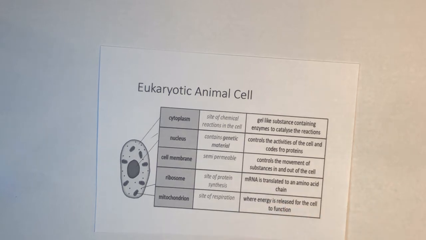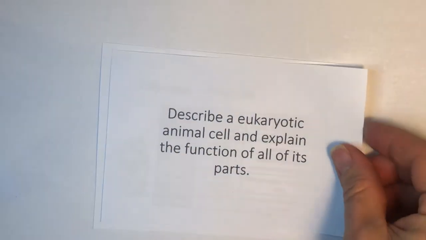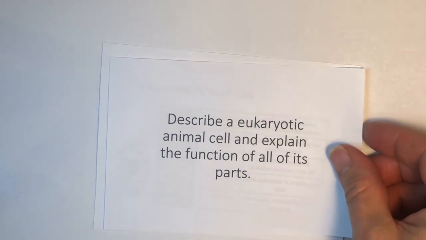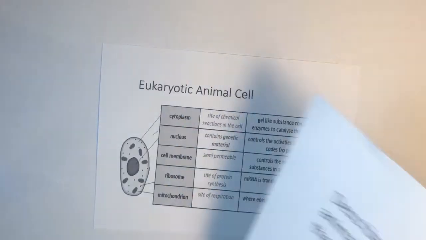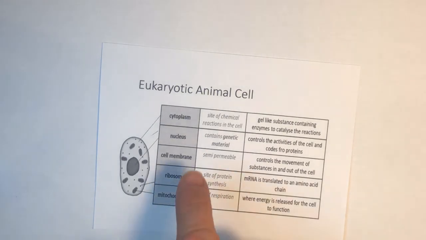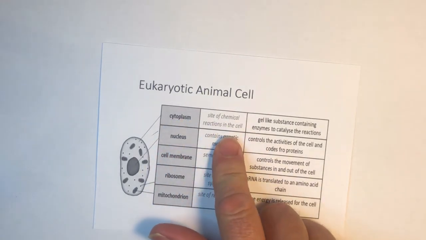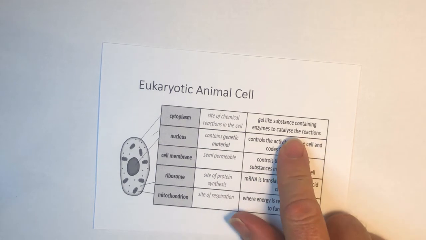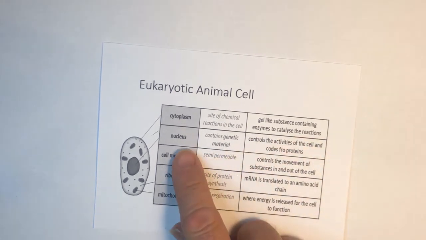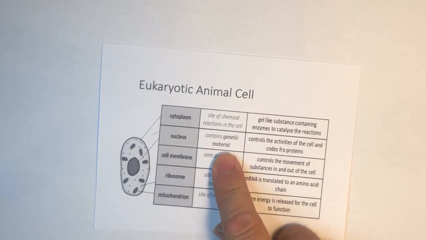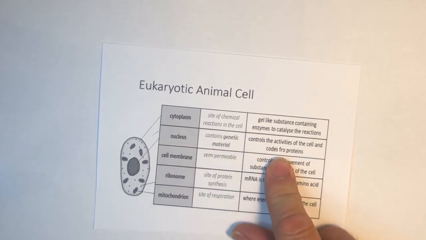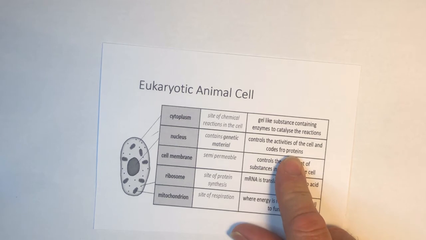Now that is your extended answer to describe a eukaryotic animal cell and explain the function of all its parts. So you need to be able to write down: cytoplasm is the site of the chemical reaction in the cell. It is a gel-like substance containing enzymes to catalyse the reactions. The nucleus contains genetic material and it controls the activities of the cell and codes for proteins.